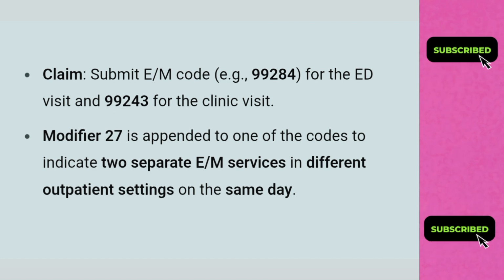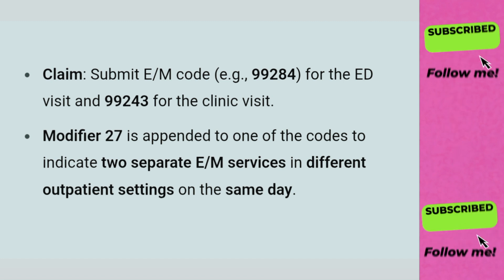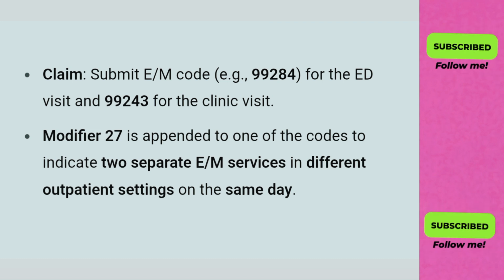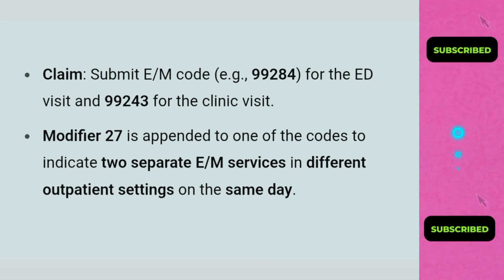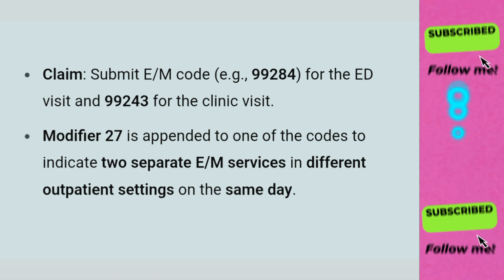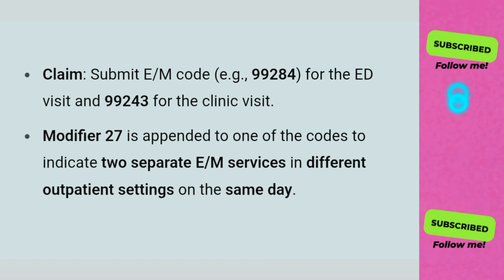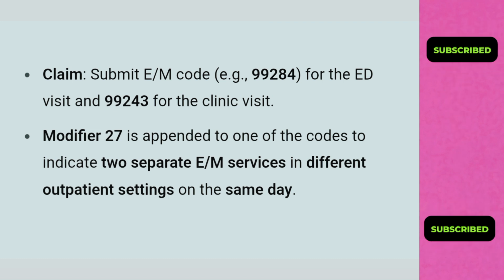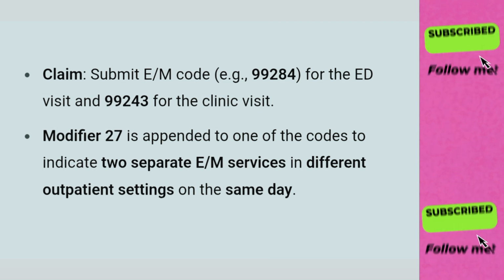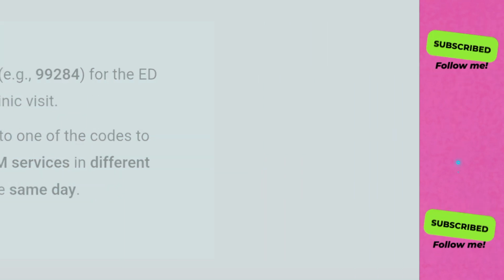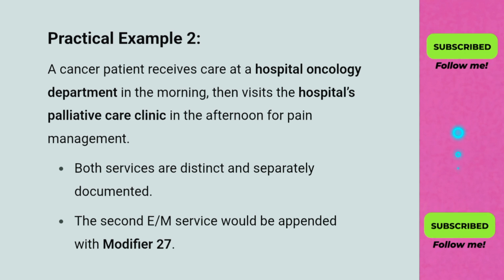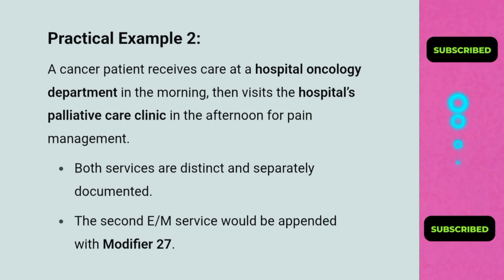So here we can go with two CPT codes, but most importantly, as we know, modifier 27 is appended to E&M services, and we can use it with one of the two CPT codes. If we use it with 99284, the other one will be billed without modifier 27. In the same way, if we put 99243 with modifier 27, the other one will be sent without it.